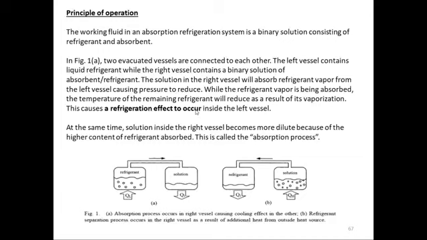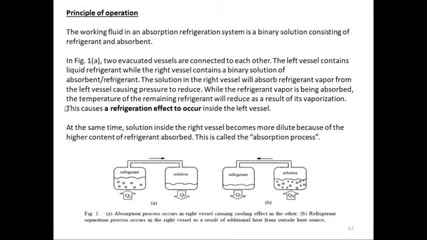Okay. So in figure 1a, two evacuated vessels are connected to each other. Let's say these are the two vessels, and they are evacuated. There is vacuum in them and they are connected with each other.